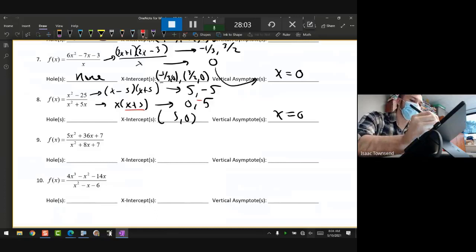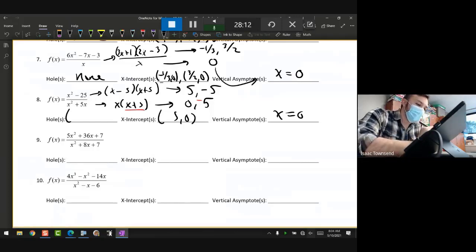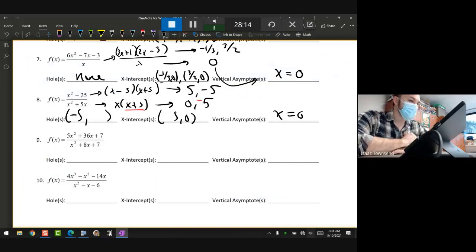And then any number that makes both the numerator and denominator 0 can't do these two things, because your graph can only do one of these things at a time. That would be the x value of your hole. For the y value, I'm going to recommend that you write this out in words that make sense to you, because this is the part that's the hardest to stick for people.